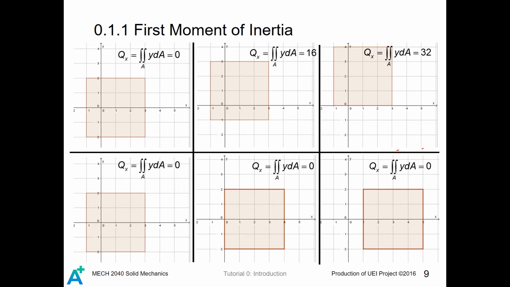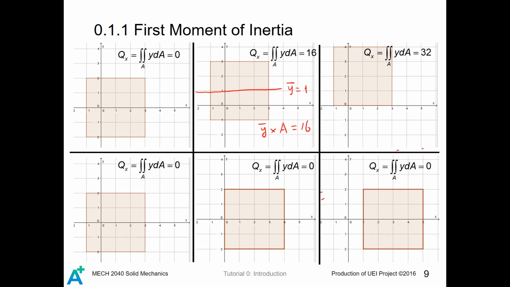So in this case, the average value of y of all differential area elements is y equals 1. Therefore, the total of y times the differential area, summed or integrated over the entire region, is given by the average of y times the entire area, which equals 16.